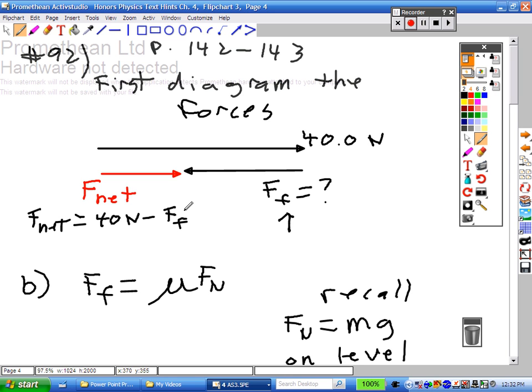So that's what the net force is. However, we already know that net force equals ma. So since we know that, why not eliminate this and substitute ma for the net force? That should work successfully. So try that.